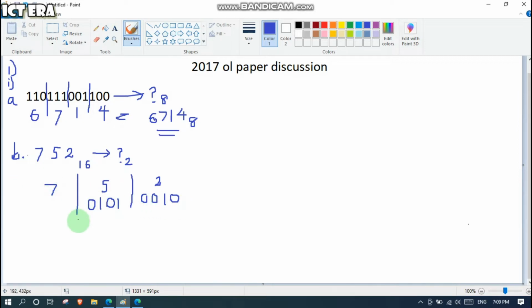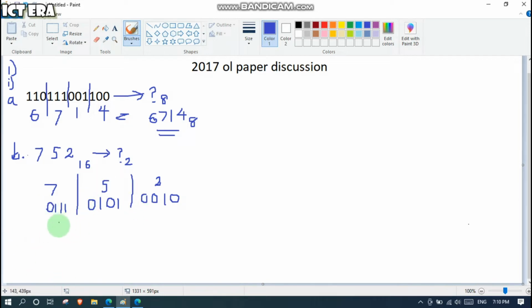Then 7 can be made by 4 plus 2 plus 1. Then I have to put a 1 for 2 to the power 0, another 1 for 2 to the power 1, and another 1 for 2 to the power 2. Then we get 7. Then for 2 to the power 4 we do not need a 1 because it's 8.